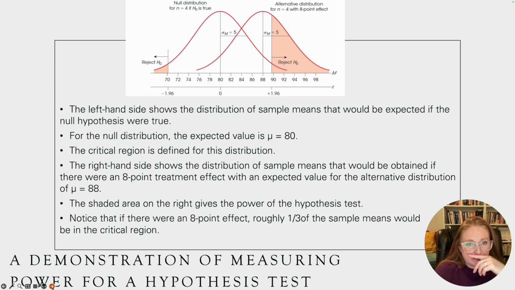The expected value of the mean is 80. The shaded area on the right gives the power for the hypothesis test. Notice that there is an 8-point effect, and roughly a third of the sample means would be in the critical region. And that's okay.